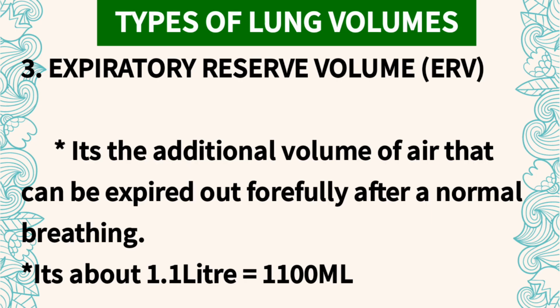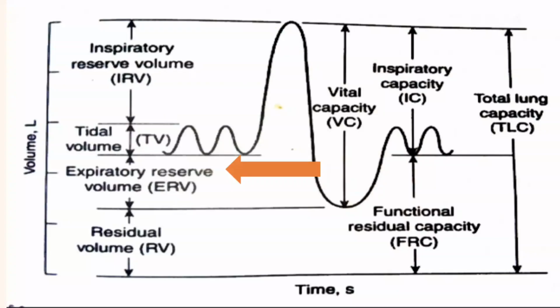So the third one is the expiratory reserve volume. It is the additional volume of air that can be expired out forcefully after a normal quiet breathing. This is a picture showing the lung volumes and capacities with the yellow arrow pointing towards the expiratory reserve volume.